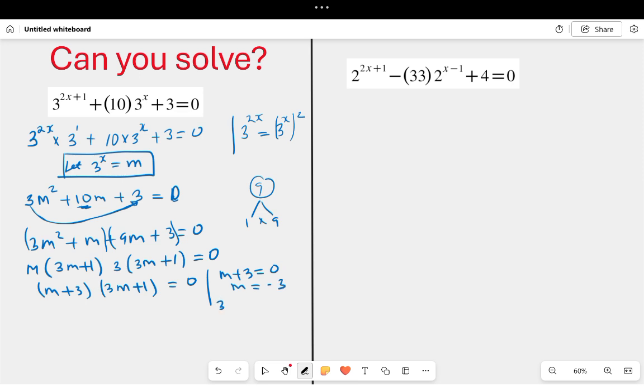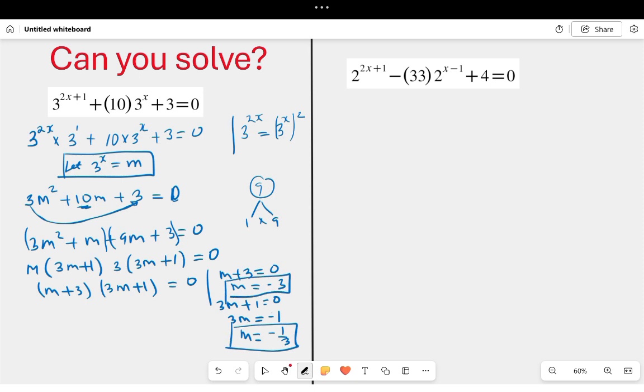And 3m plus 1 is equal to 0, so 3m is equal to negative 1, and therefore m is equal to negative 1 over 3. So we have these two solutions.